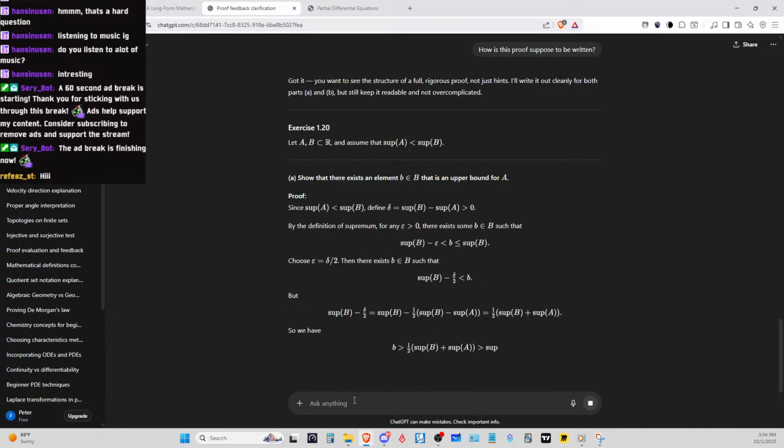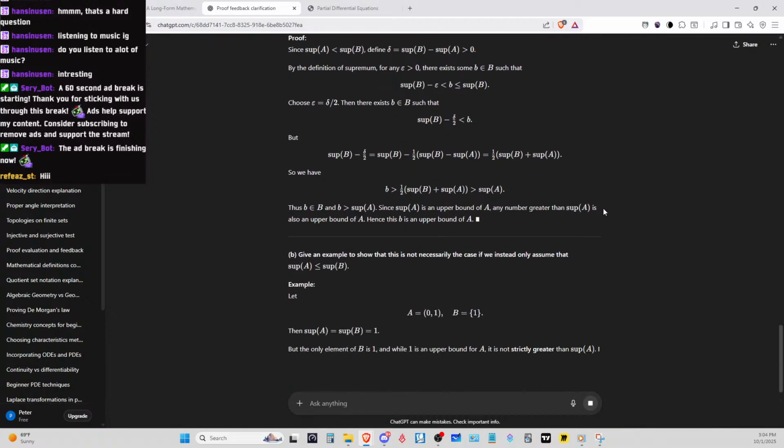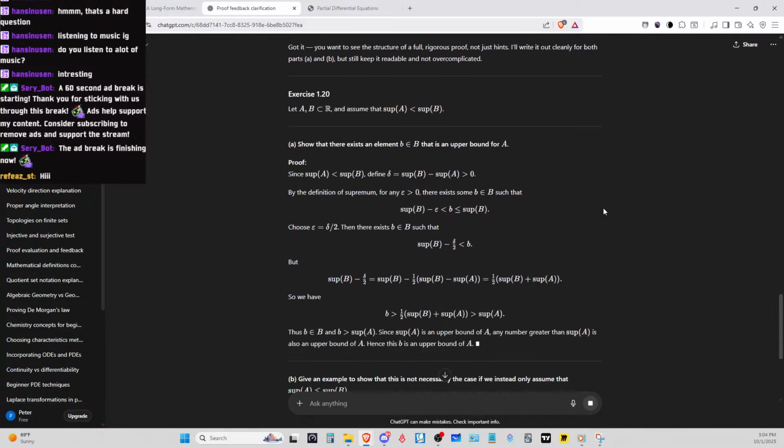Let's see how this is supposed to go. Okay, let's see. Since A's define the difference. Okay, so we didn't even need that part with by definition of supremum, for every epsilon there exists some B. Oh, okay.